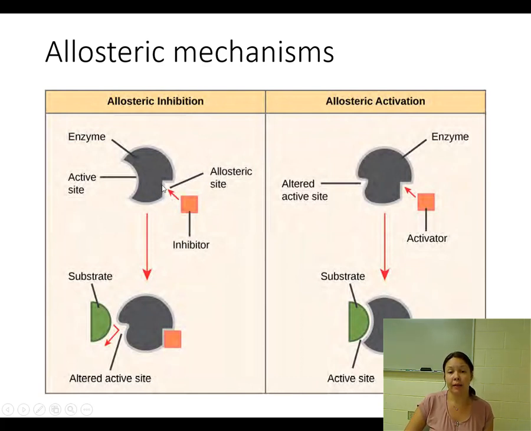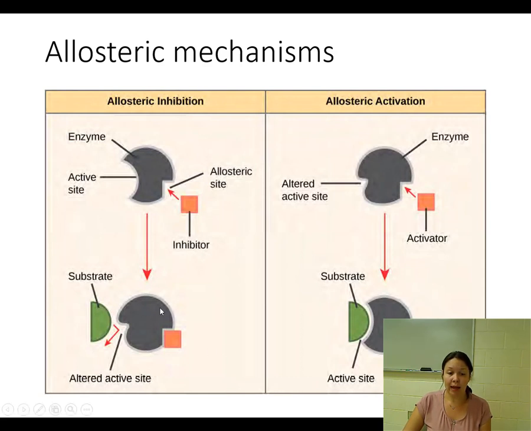Now, what happens with an enzyme that has an allosteric site is that an inhibitor is made in the cell that comes into the allosteric site, binds to it, and that binding causes a conformational change or a shape change in the enzyme, where that active site is now closed. So if you use an inhibitor at an allosteric region of the enzyme to close the active site, that means your substrate, here in green, cannot bind at all.